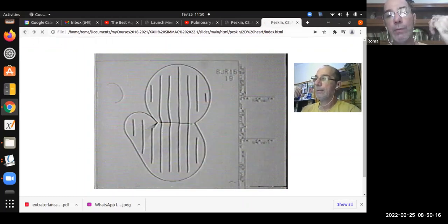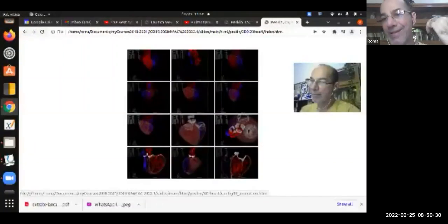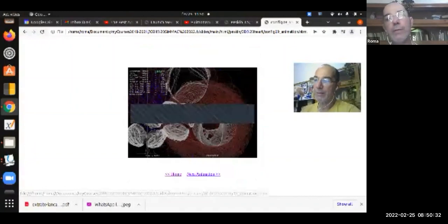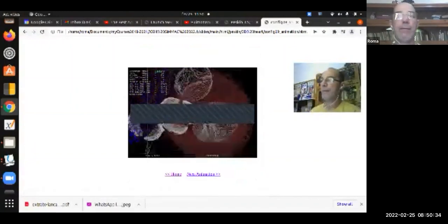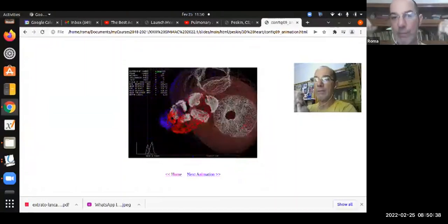We have also more recent models, three-dimensional models. These are from the 90s. It's 30 years ago already, right? So here you see just fiber structures, right?